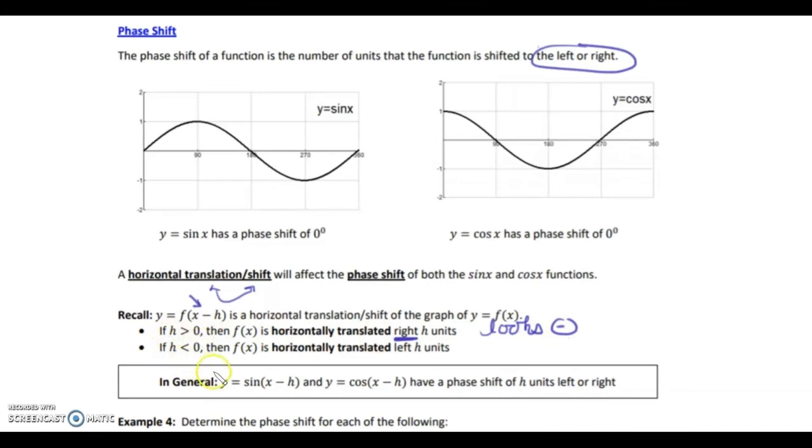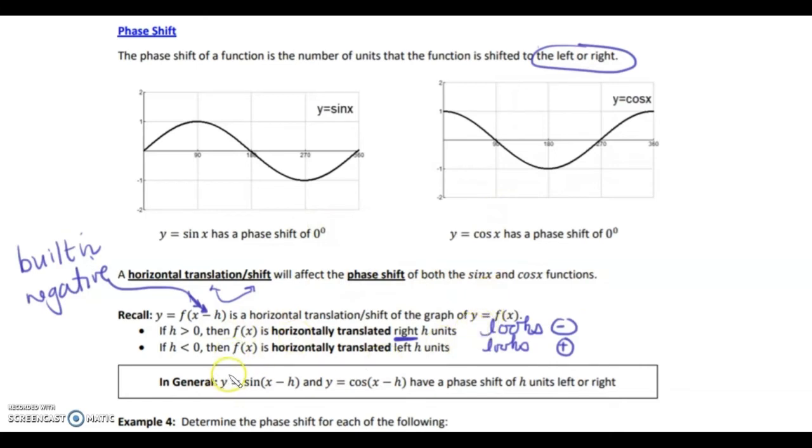And if h is less than 0, then it's translated left h units, but this one looks positive. Remember that there's that built-in negative sign, so everything looks opposite.